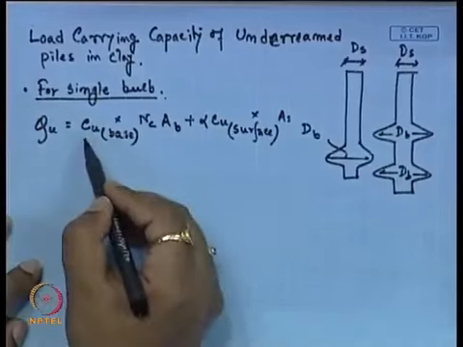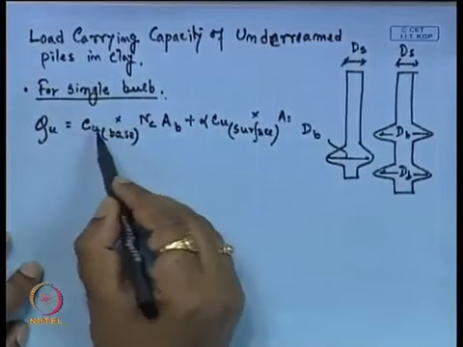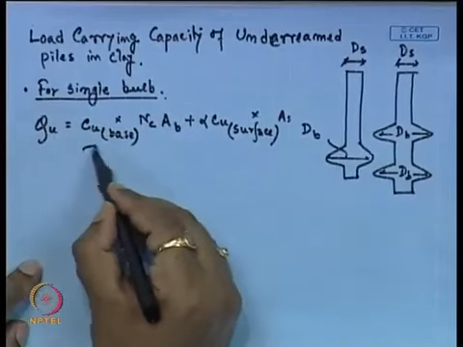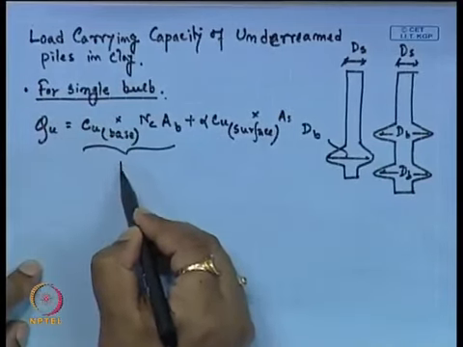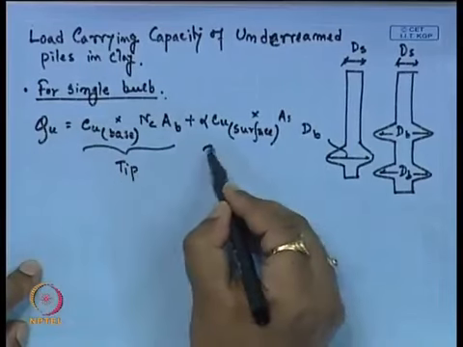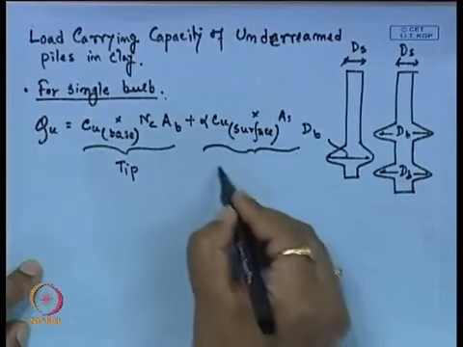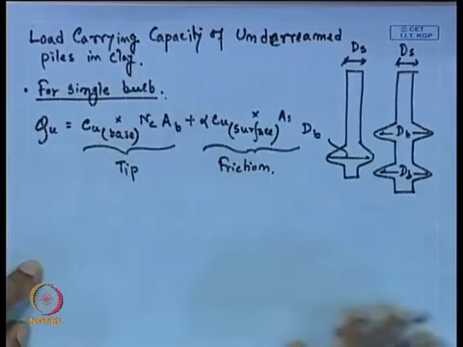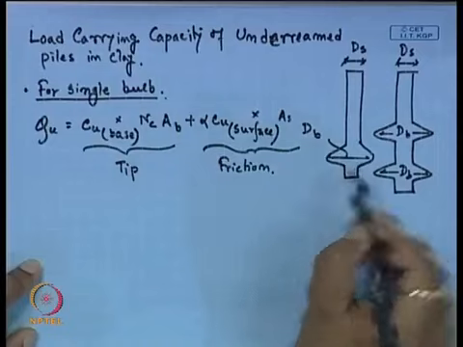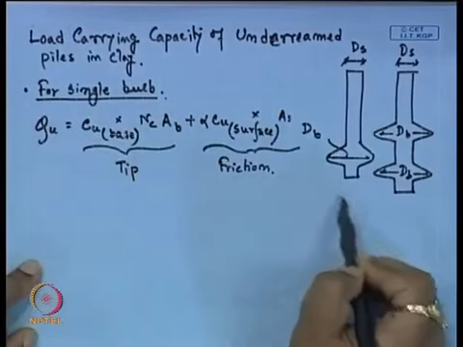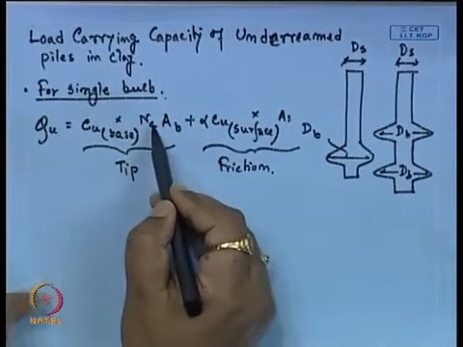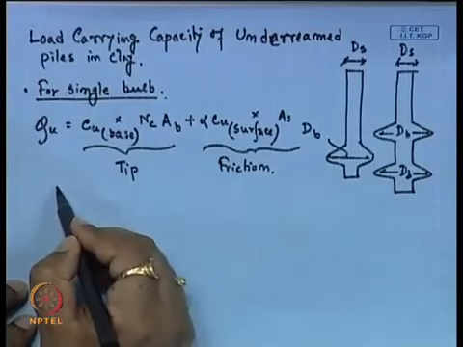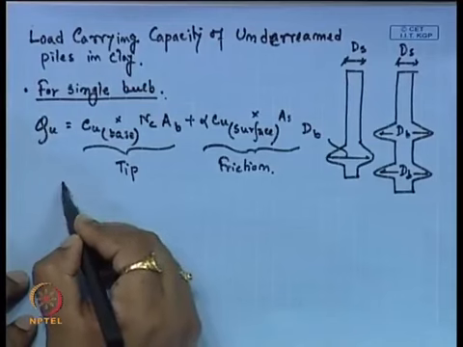So, that means Cu base is the cohesion at the base level, because this is the contribution from the tip, and this is the contribution from the friction or surface friction. Here, Nc is the bearing capacity factor and area Ab is the area of the base.